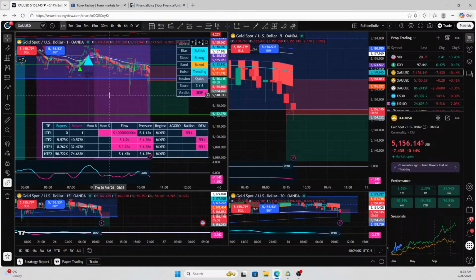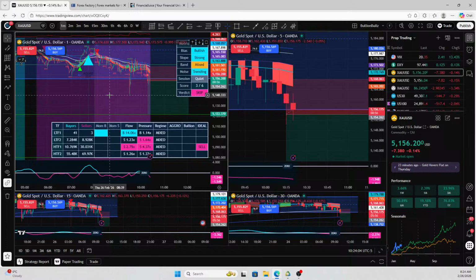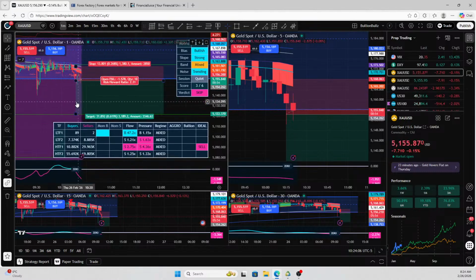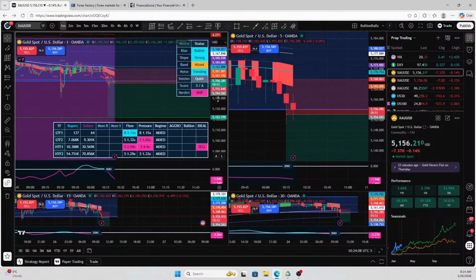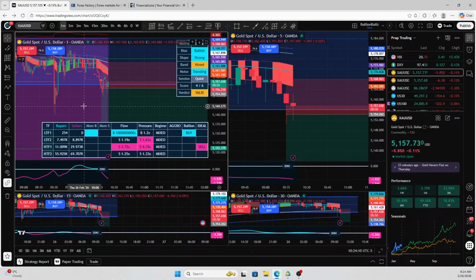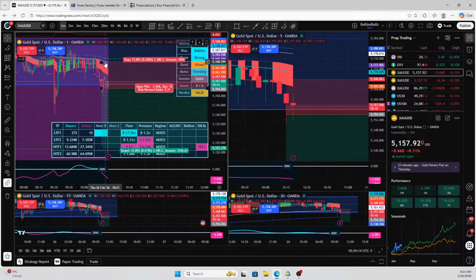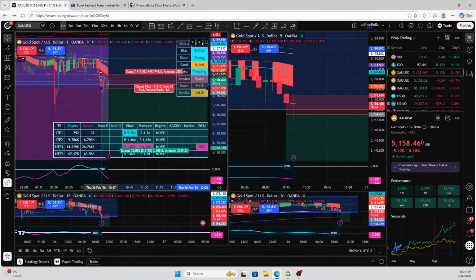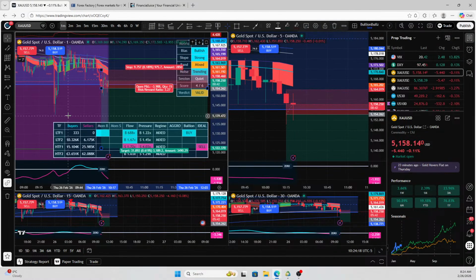Yeah, today risk small on your positions. Don't try to risk big because the market is a bit choppy. Just trade stop to right here, basically.